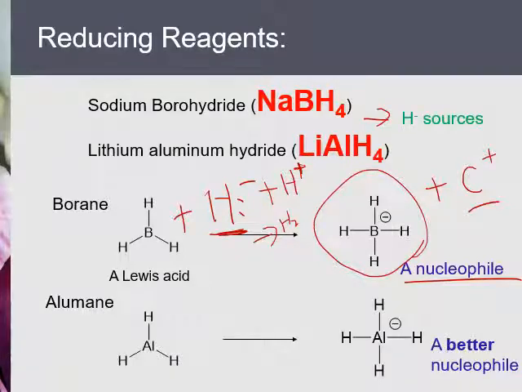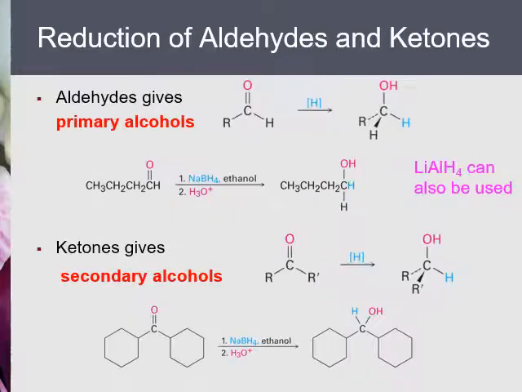Similarly, lithium aluminum hydride, the aluminum hydride has an even larger size, and so it likes carbocation more than borohydride, and therefore it's a better nucleophile or stronger nucleophile. Both sodium borohydride and lithium aluminum hydride can be used to reduce aldehydes and ketones into alcohols.